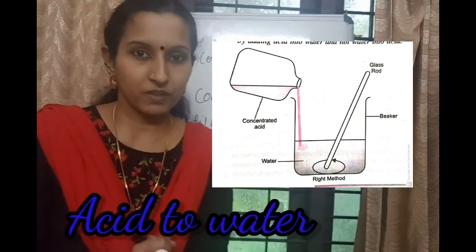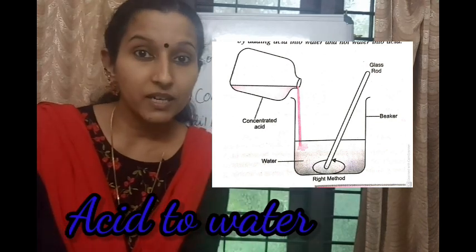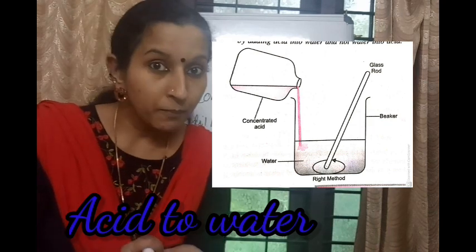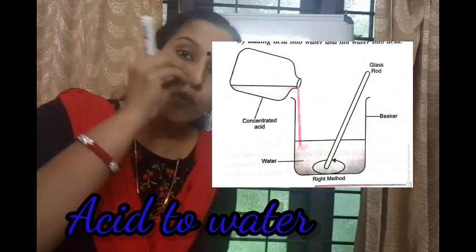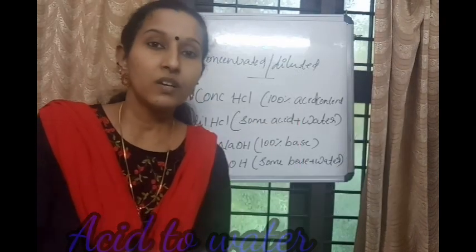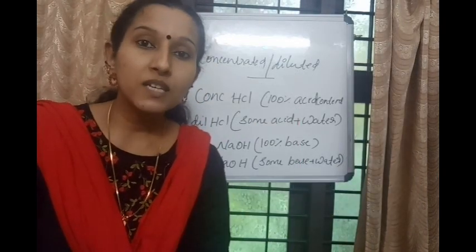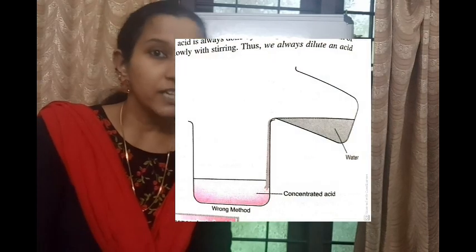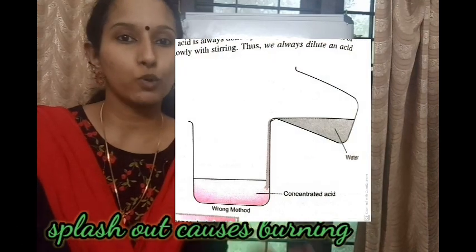So the correct way of diluting an acid or base is adding acid into the water and stirring it thoroughly. If you do the opposite, the hotness of the acid comes out and creates an explosion.